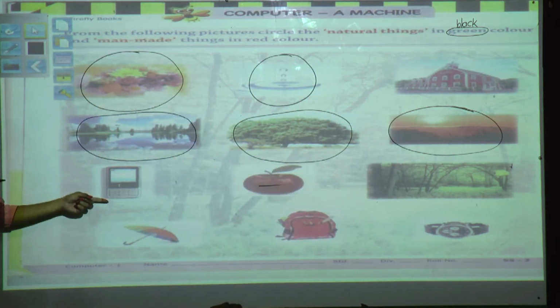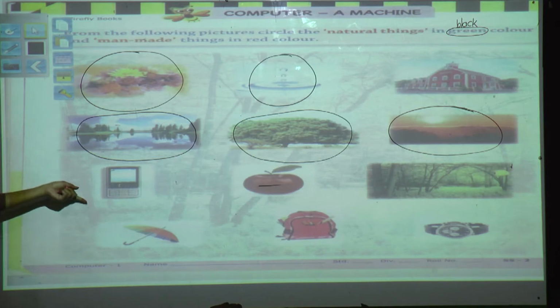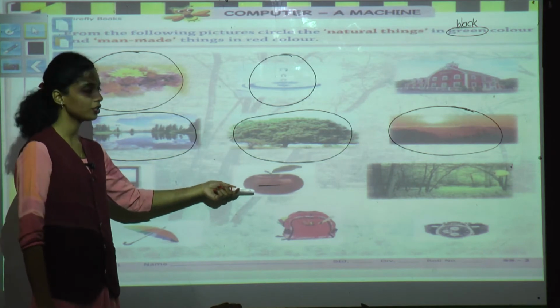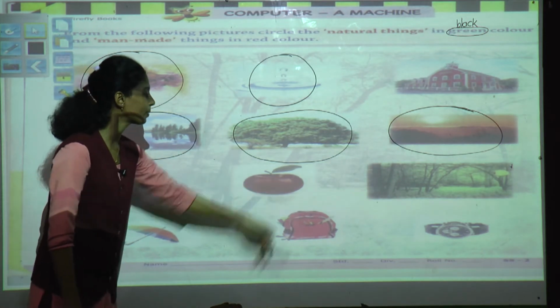Next, what is this? Does everyone know this? Mobile. Good. It is a man-made thing. Then what is this? Apple. Everyone knows this? Then is it a natural thing or a man-made thing?